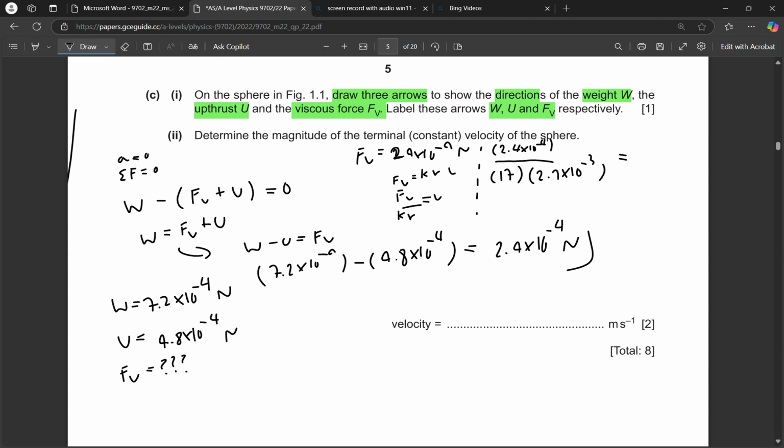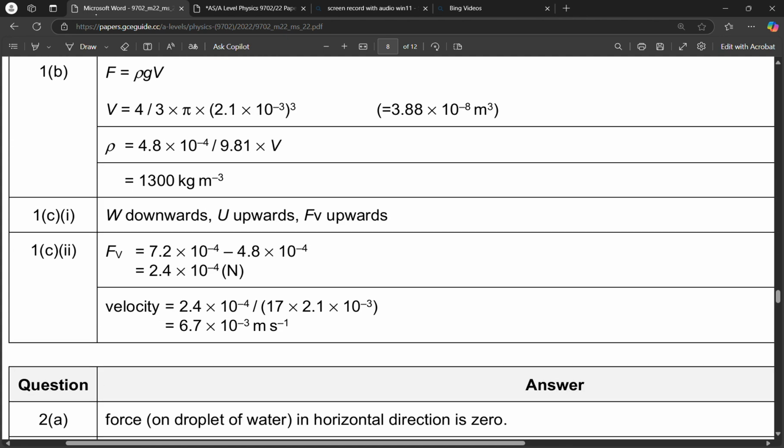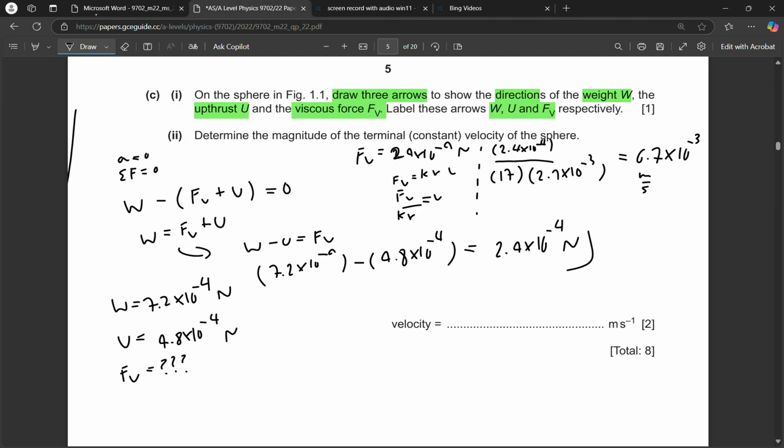What is this going to give us? That is going to be 6.7 times 10 to the power negative 3 meters per second.